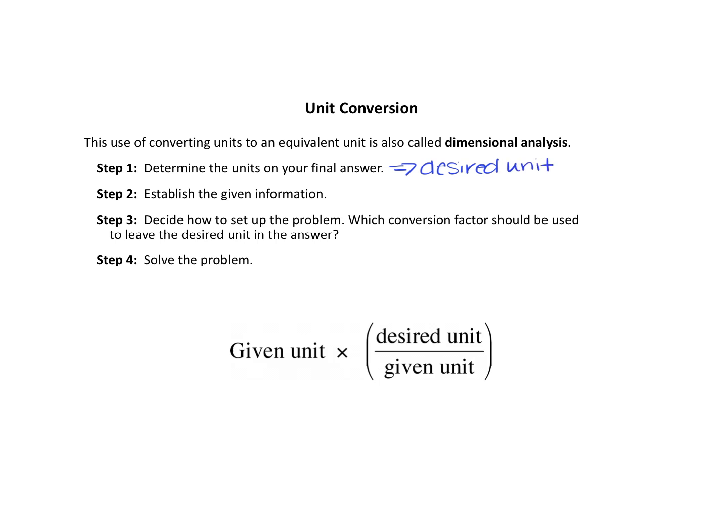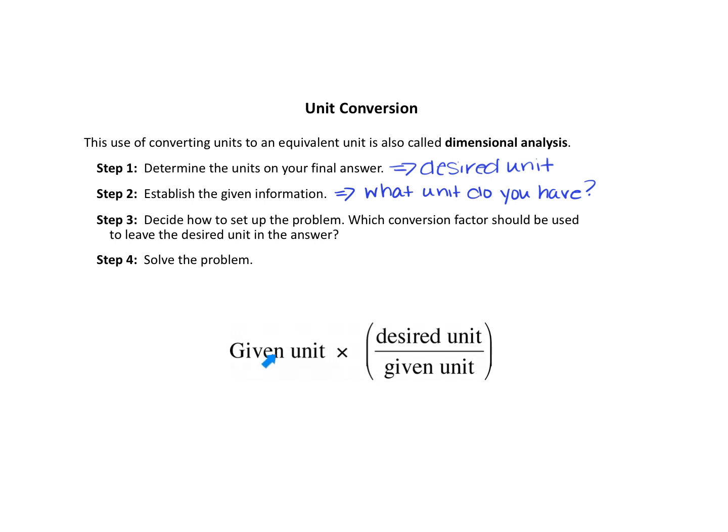And then establish the given information. What unit do you have? And then decide how to set up the problem. Which conversion factor should be used to get to that desired unit from the unit that you have, and then of course solve the problem.